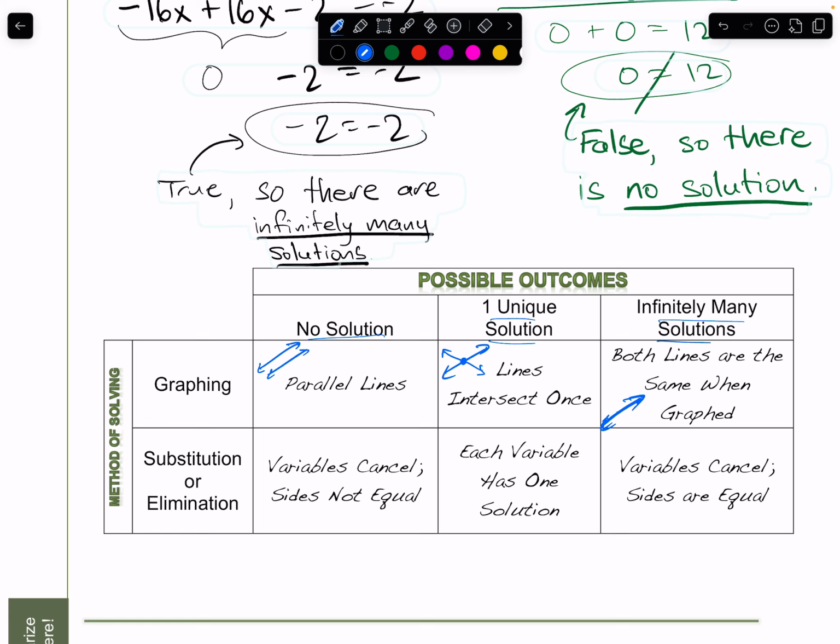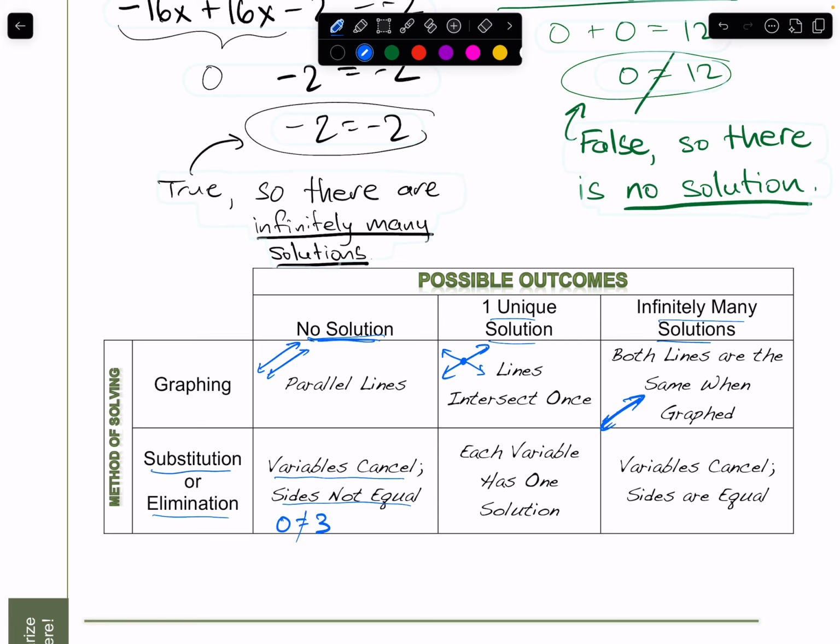Okay? And then if we're not graphing, if we're using a more algebraic method like substitution or elimination, then if the variables cancel and the sides are not equal, you get something like 0 equals 3, which obviously is not true. That's when there's no solution.